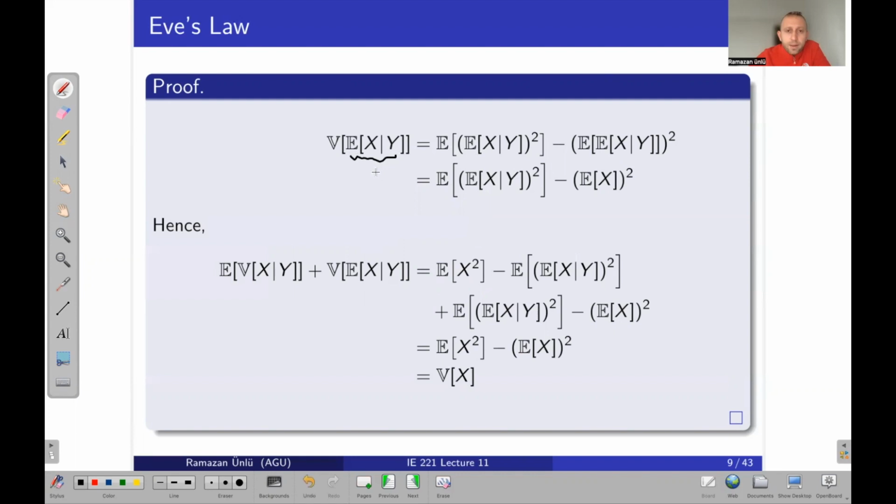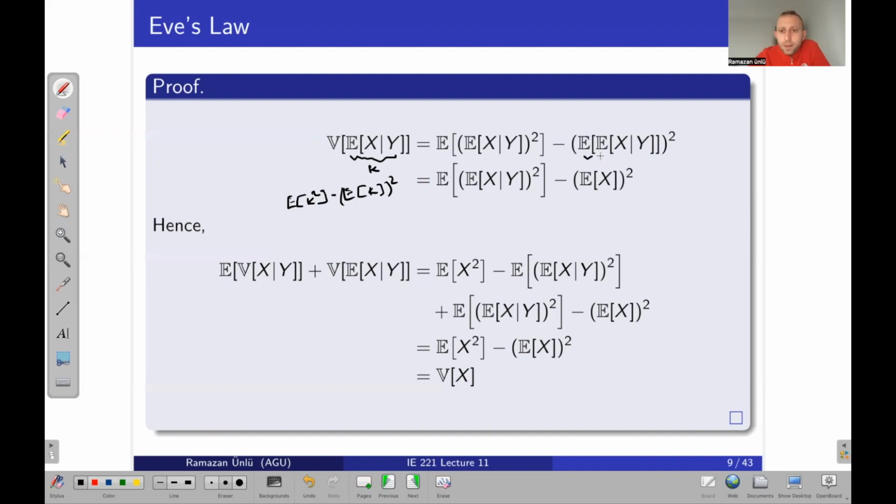Assume that this is a random variable like K. To calculate the variance of K, I can do the expected value of K squared minus the expected value of K, squared. And instead of K, I will just write the expected value of X given Y. So it gives me this subtraction: the expected value of the squared conditional expectation of X given Y, minus the squared expected value of the conditional expectation. Okay.